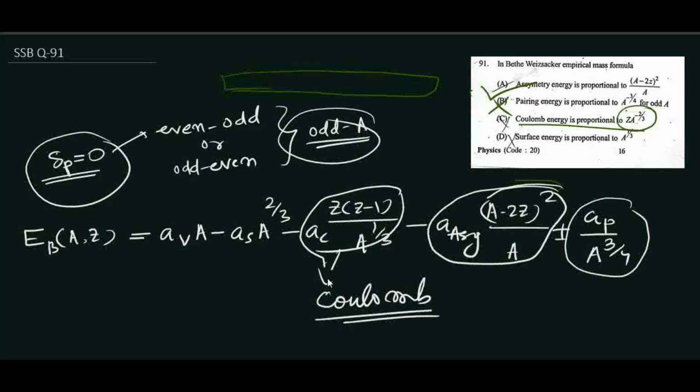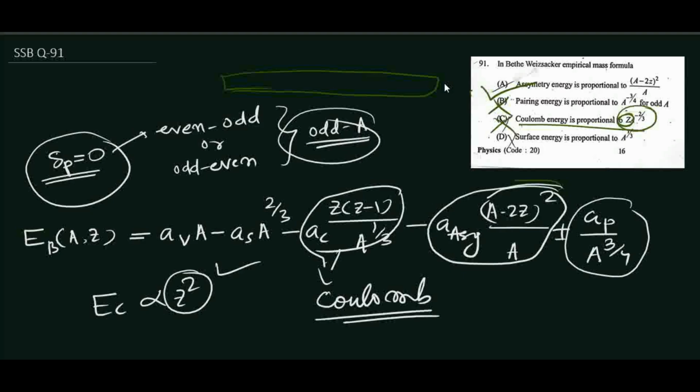That means the Coulomb energy term is proportional to Z square, because there are two Z terms here. But in the option, it is given that it is proportional to only one Z. So option C is also incorrect.